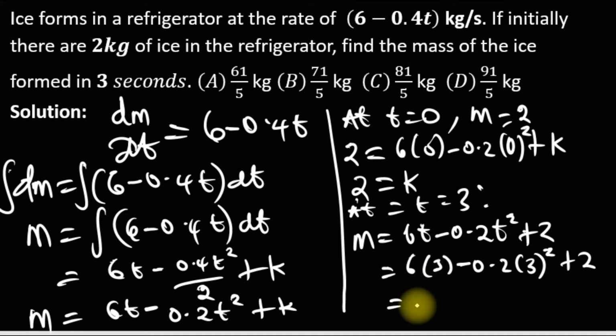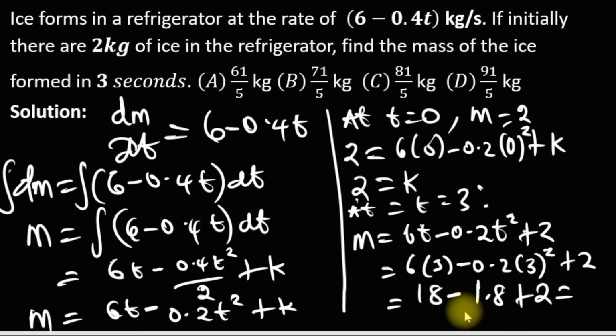We have 18 minus, 3 squared is 9, 9 times 0.2 is 1.8, plus 2. So we have minus 1.8 plus 2 is 0.2.